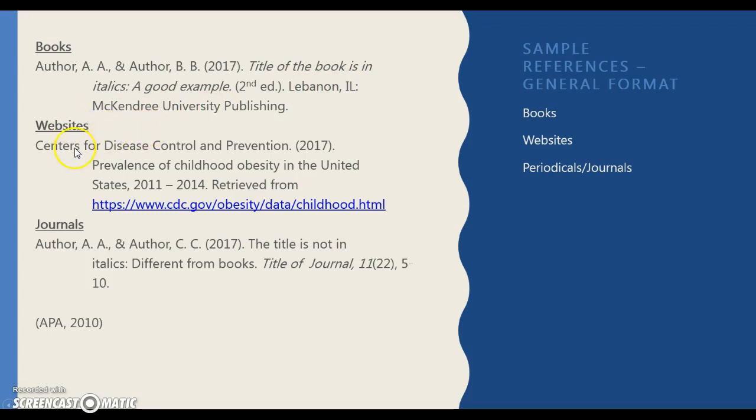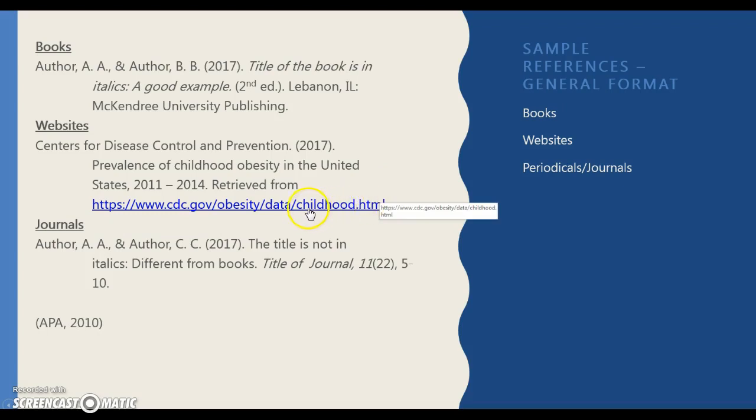For websites, this is just an example, and typically just a hint, if you're using government websites, usually it's the government organization unless it's indicated differently on your resource. So you want to include the name of the organization, the date, and the title of the web page that you accessed and retrieved from with the entire URL.